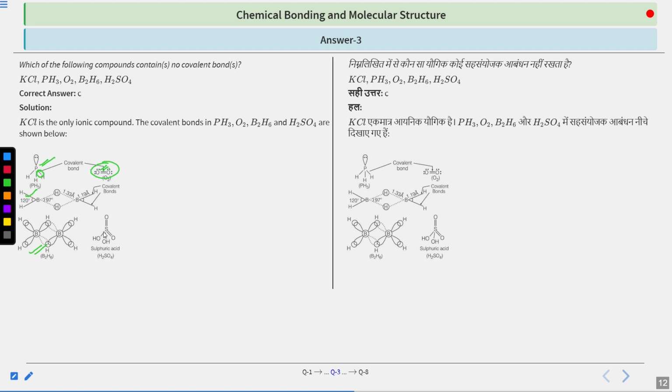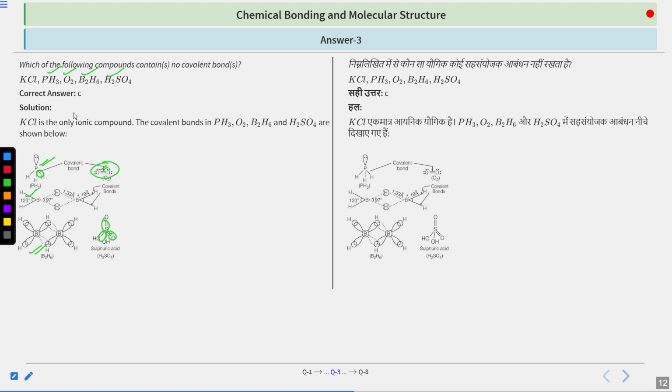And in H2SO4 also, covalent bonds are present. So overall, each of these molecules, PH3, O2, B2H6 and H2SO4, has covalent bonds in its structure, whereas KCl is completely ionic and has an ionic bond only. Therefore your correct answer will be C, that is only KCl.